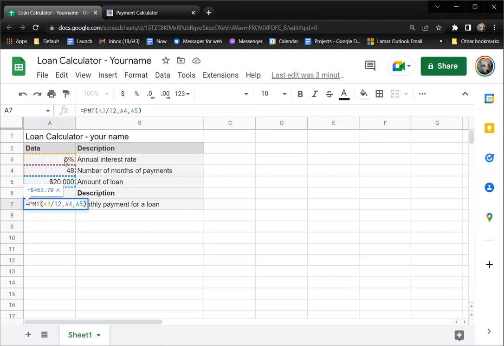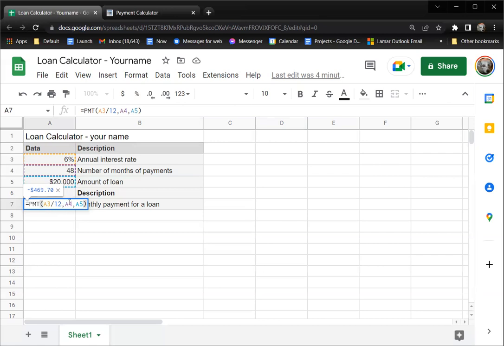Each month you would be paying 1/12 of the 6%. So the way this works is this first item is always actually the monthly interest rate, in our case. So to get it to monthly interest rates, we take A3 and divide that by 12.